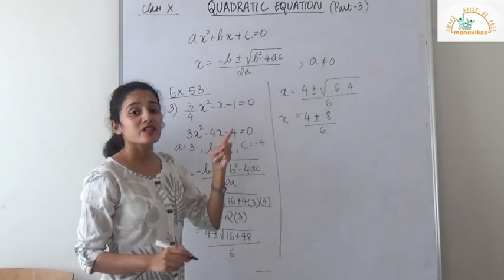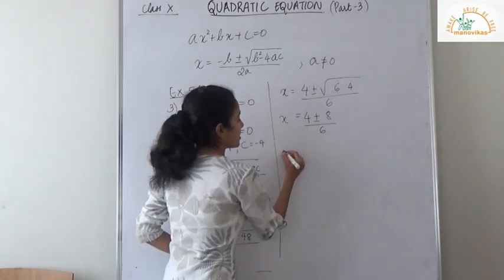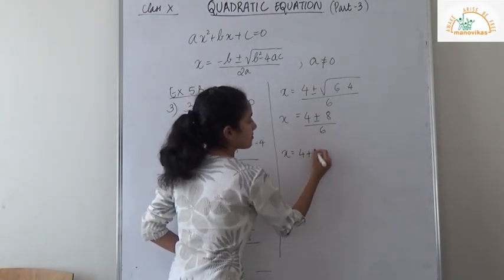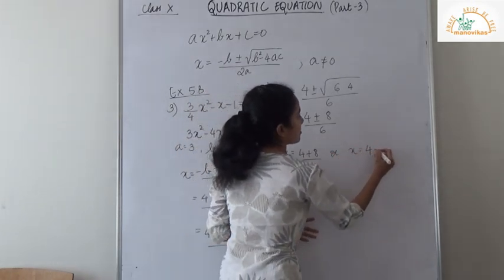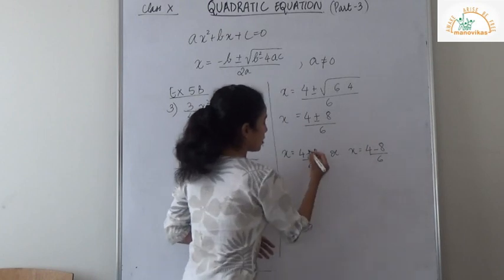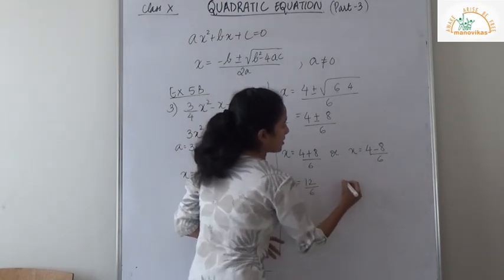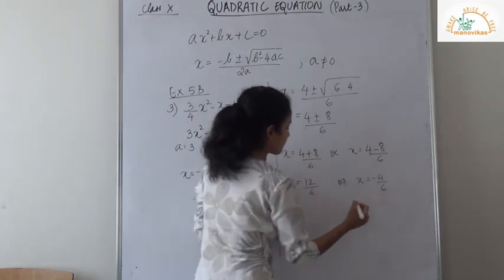A quadratic equation has 2 values, or 2 roots, 2 solutions. So x is equal to, the first one you will write with a positive sign, and the second one with the negative sign. Solving this, 12 divided by 6, and we have here x is equal to negative 4 by 6.